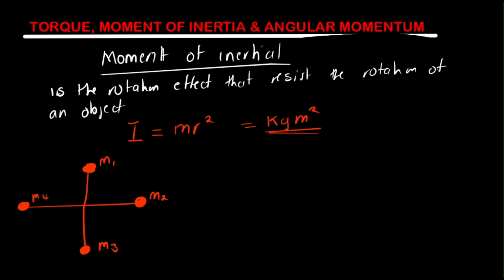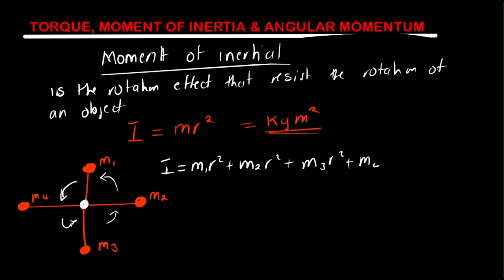Now, if you are rotating an object in the middle like this, and everything here is rotating, the moment of inertia is calculated as m1r squared plus m2r squared plus m3r squared plus m4r squared.